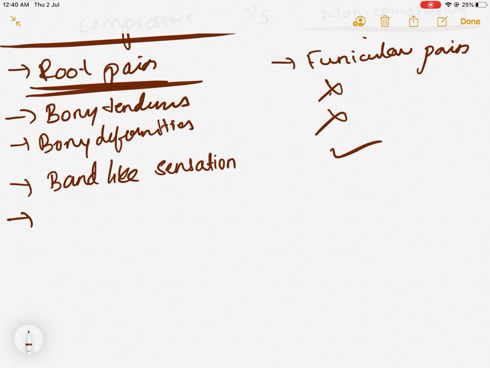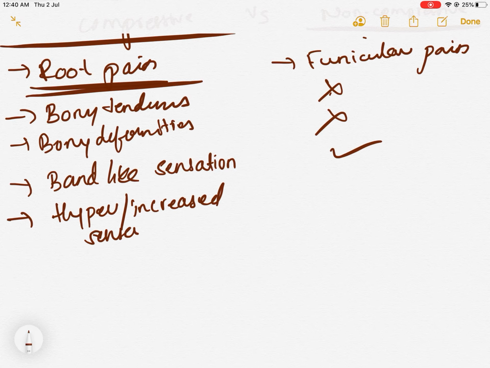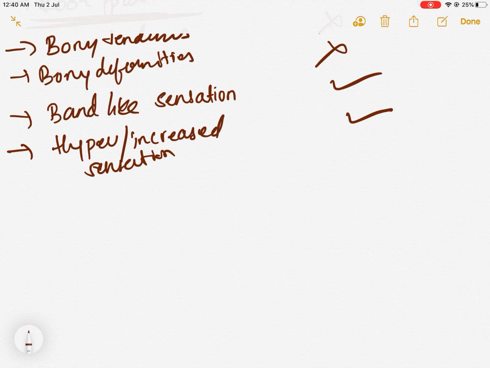Above the level of the lesion, there is always a zone of hyperesthesia or increased sensation. This is common for both. Okay, girdle-like sensation. This is also common for both.